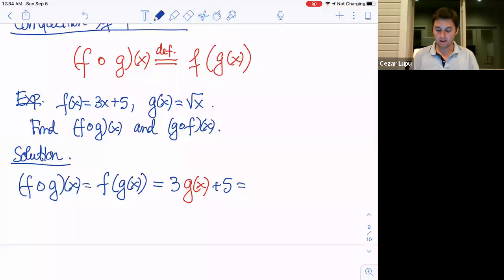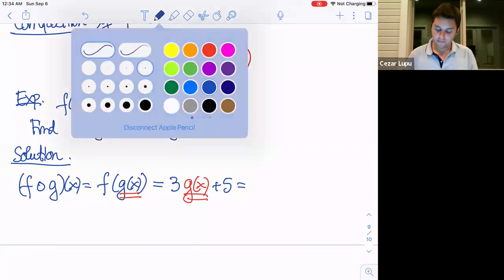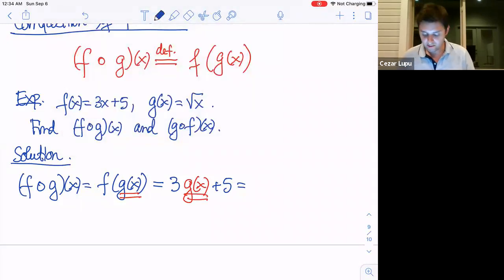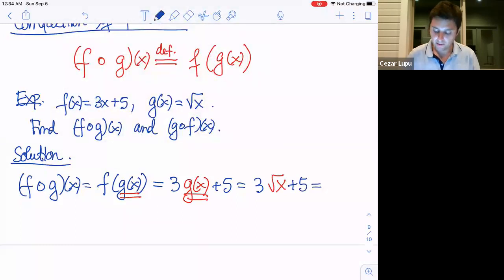As you can see here, I'm just replacing x by g of x. All right. Now let's look at who g of x is. So this will be 3 times square root of x plus 5, which is 3 square root of x plus 5. That's it. That's the function.